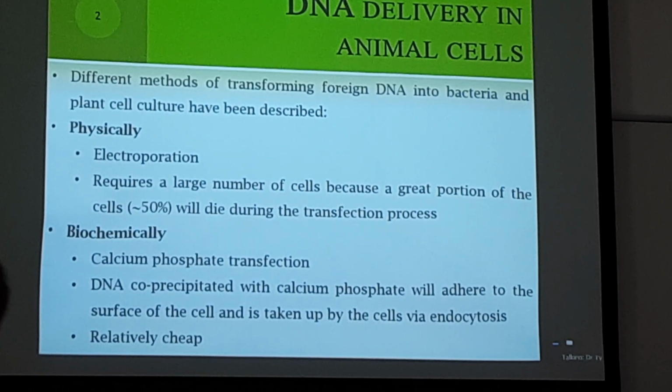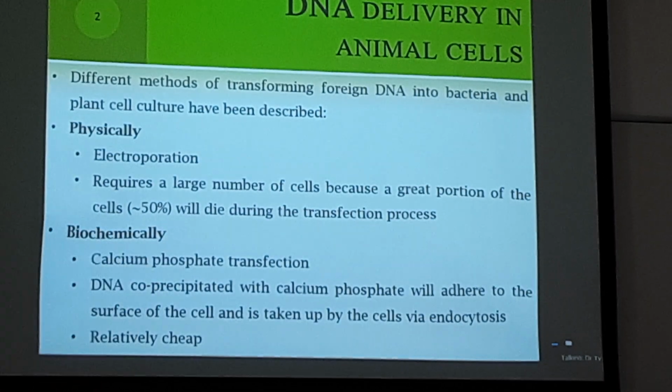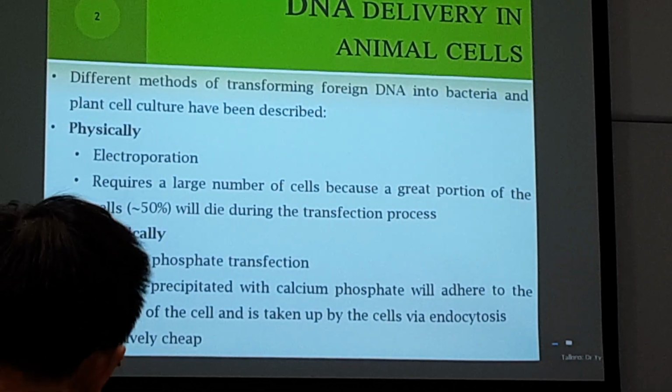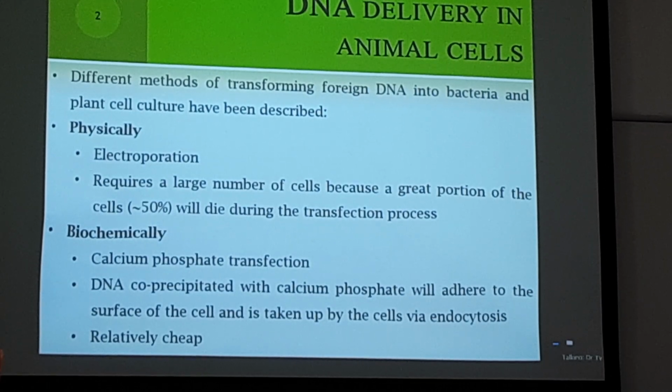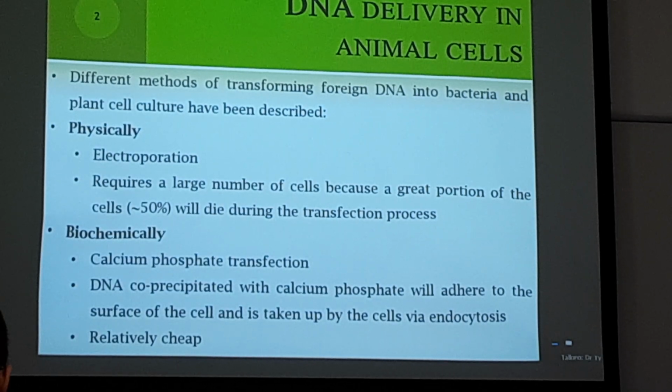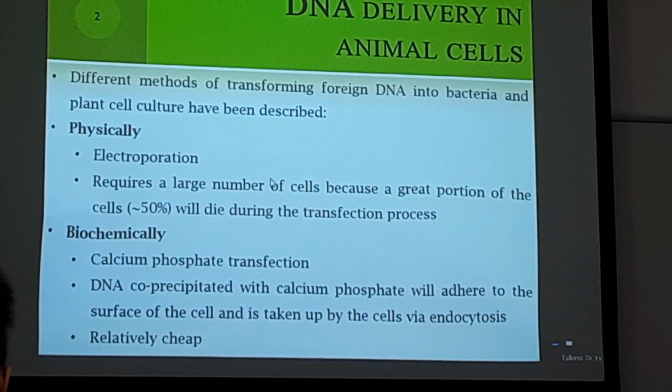And then you have to check, after transformation, whether the DNA is really inside. So you have to be able to do selection, screening, detection, something like that. And then you can make use of this transgenic organism. Okay, so when we talk about doing this in animals, again, transformation, we can do some physical way, electroporation.